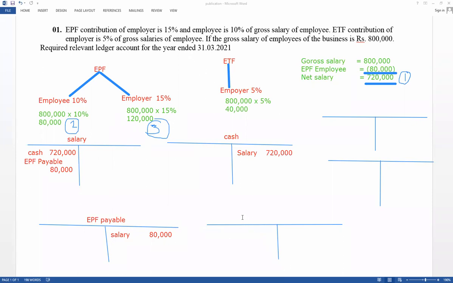Therefore, you have to prepare a separate ledger account as EPF expense. EPF expense account debit 120,000, that is the contribution of the employer, another expense, and EPF payable account credit as EPF expense.